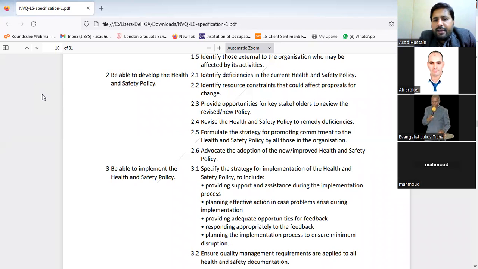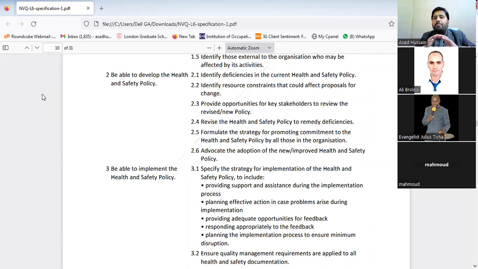In this case, for adoption of that new improved health and safety policy, you have to do the same: how you can improve and how you can communicate this new improved health and safety policy. For this purpose, you will perform safety committee meetings, you will perform TBTs, you will communicate it through meetings, and through a notice board or different arrangements.